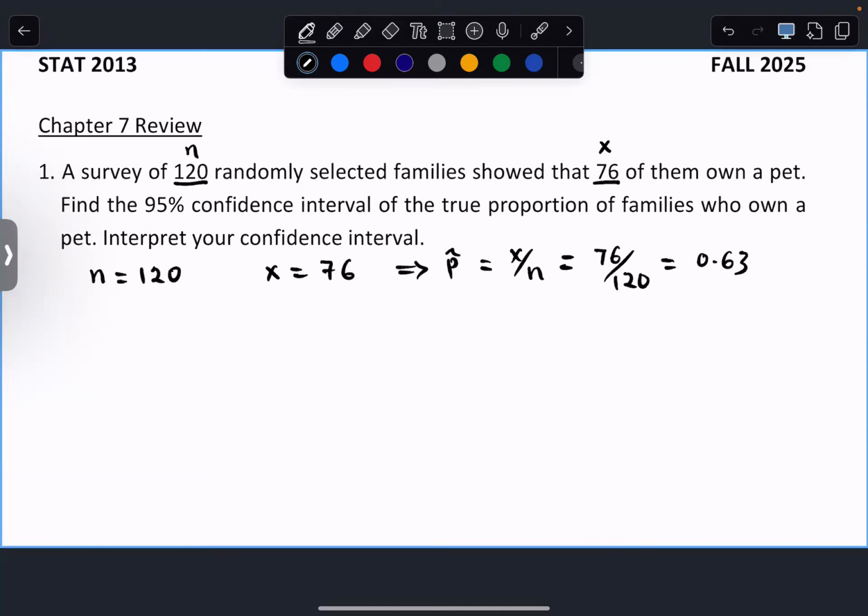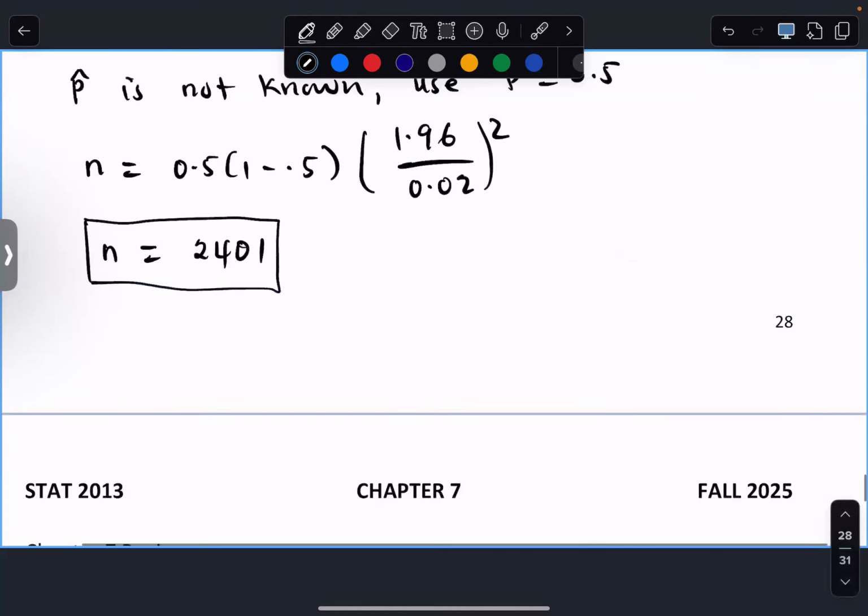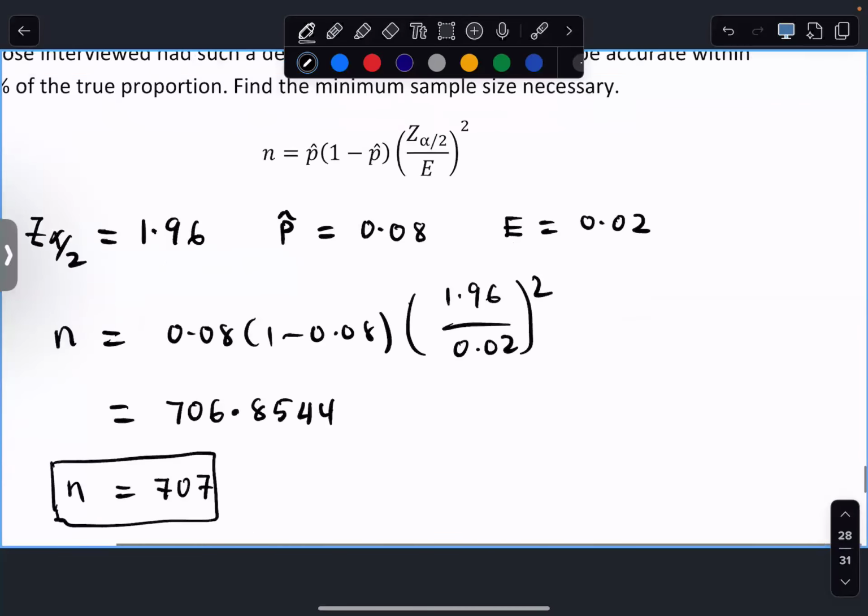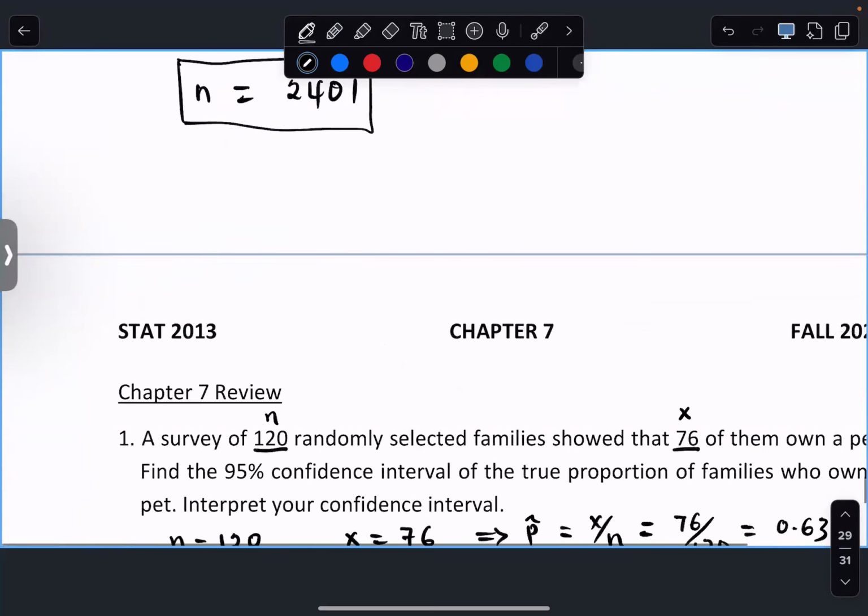Okay, so 95% confidence interval means that Z alpha on 2, we already found to be 1.96.